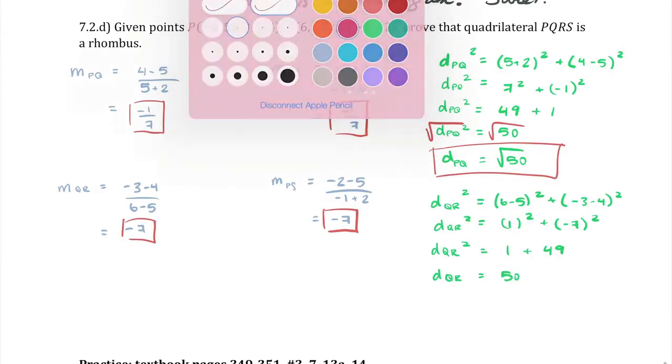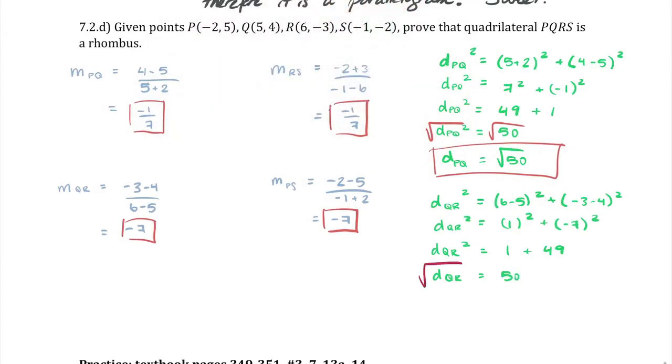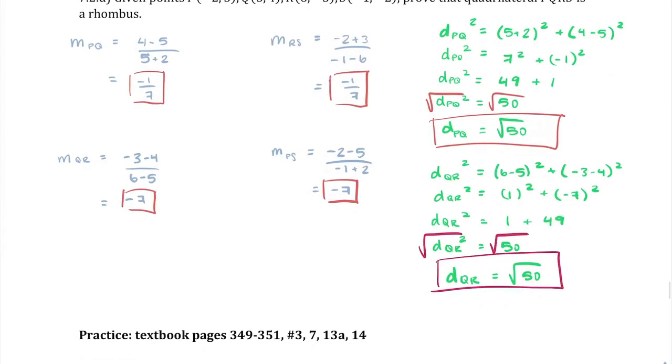We got to square root both sides because that's how we isolate. Whoa, I forgot the little exponent there. Oops. But as we square root both sides, we end up with a distance of root 50. And wouldn't you know? There we go. 2 distances that are equal.